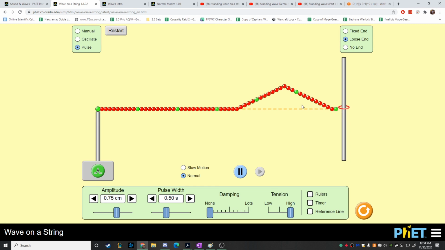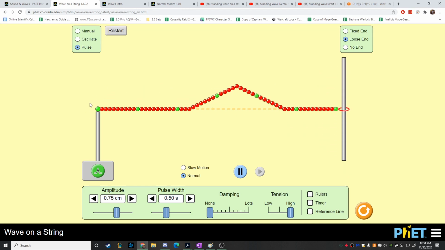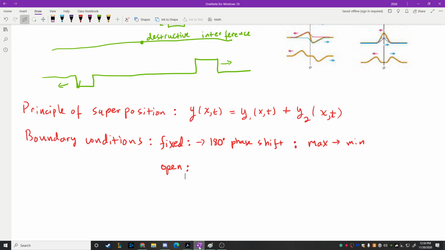This is no phase inversion. There is a phase inversion on the left side because the left side's fixed, right? So you get the flip because of Newton's third law. But on this side, no flip. So if it's open on one end, that leads to no phase shift, and it just reflects backwards.